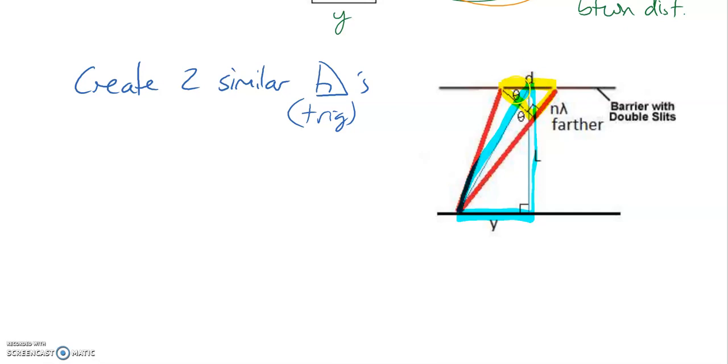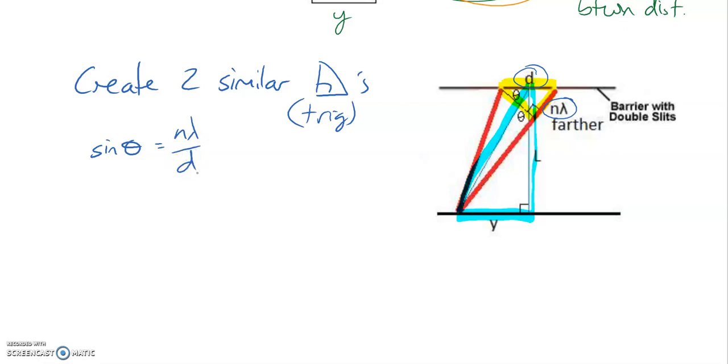You've got the little angle there. The opposite is n lambda, and d would be the hypotenuse. So sine theta works really well. For that little yellow triangle, the opposite would be n lambda, whether it's 1 wavelength, 2 wavelengths, 3 wavelengths, whatever it is, divided by the hypotenuse, which is the d value.